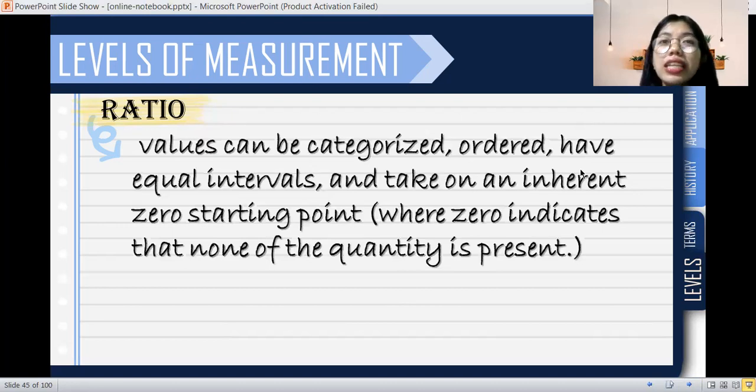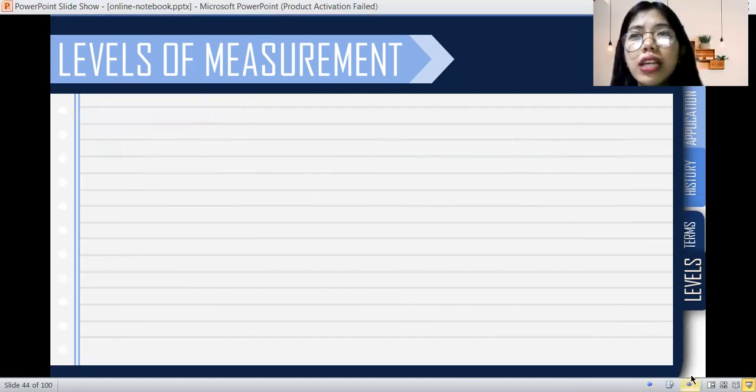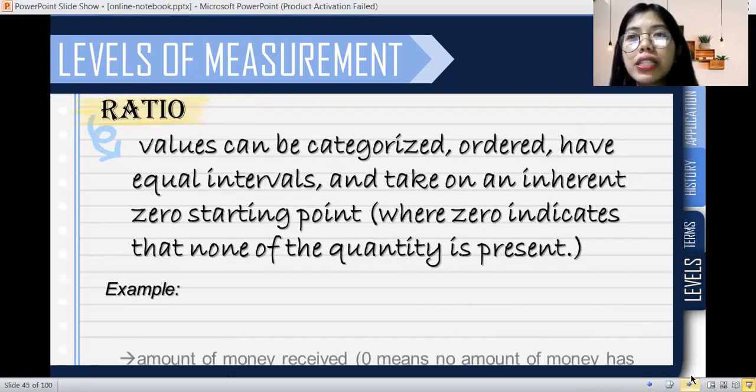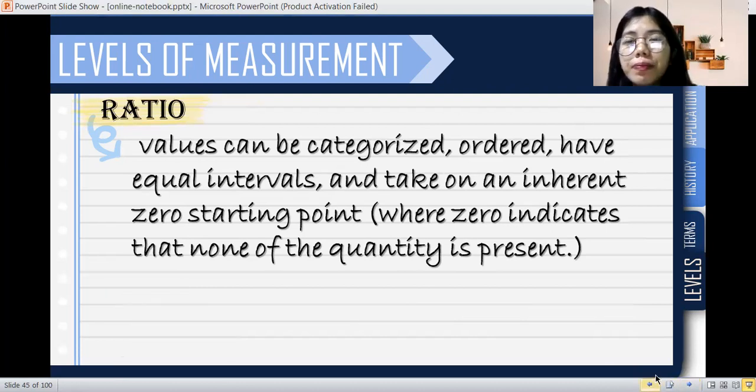Earlier in our interval, our zero does not mean that none of the quantity is present. While in ratio, when we say zero, it means nothing. None of the quantity is present.